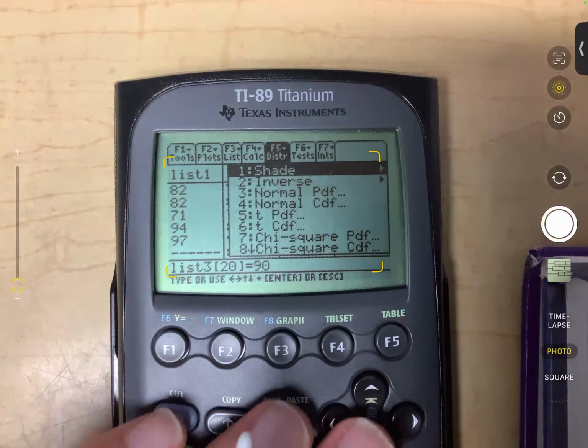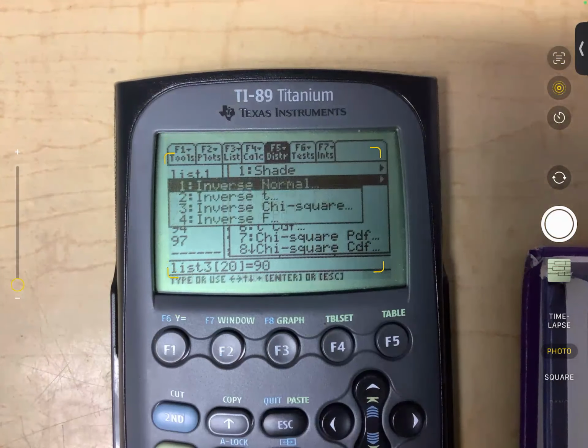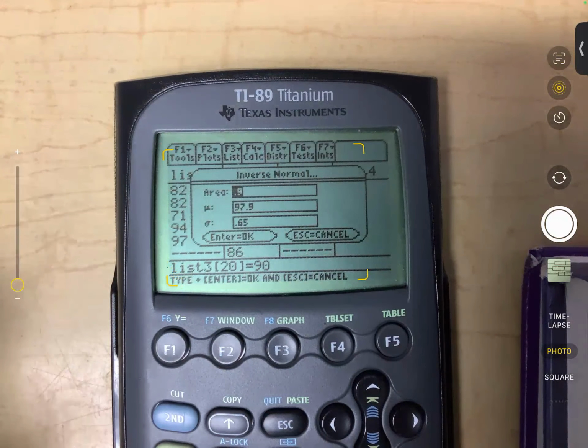Like I already said, we want areas below. You might see questions on a test that ask about area above, but it's simple, right? If it says find the location such that 60% is above, well, then you can easily determine that if there's 60% above, there must be 40% below. So you can kind of find the area below on your own.